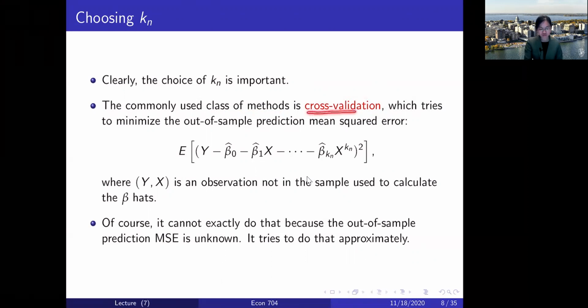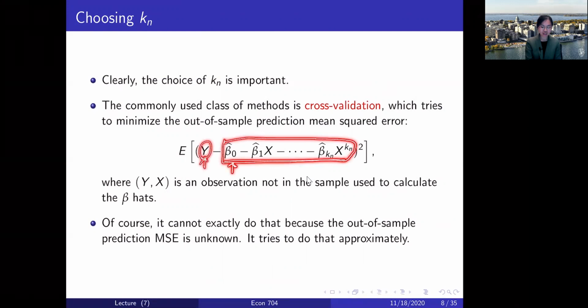What cross-validation tries to do is to minimize the out-of-sample prediction mean squared error. So when you use this Kn number of terms and you estimate a conditional mean, that's your OLS estimate of the conditional mean, and you want it to be close to y.